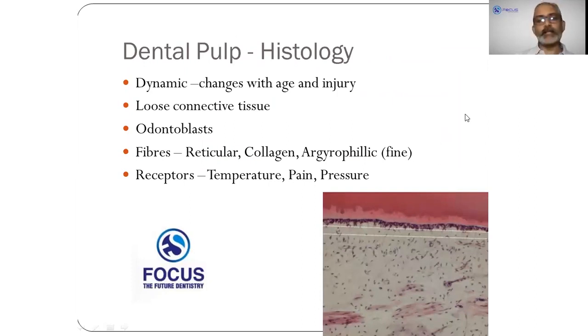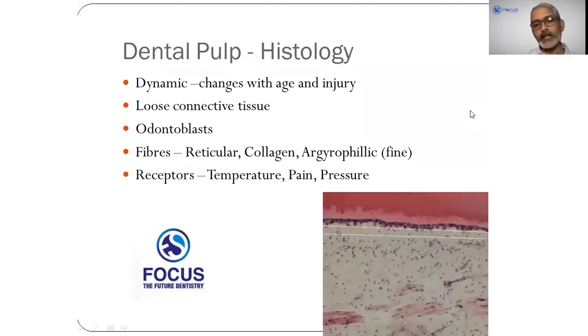So when it comes to the pulp, histology is always dynamic. The histology, the cells of the pulp changes with age as well as it responds to injury. So you might have learned in your BDS times that when there is an injury to the pulp, there is calcification, there is fibrosis, the pulp tissues change their cellularity, because the pulp is an organ like that with a lot of dynamics.